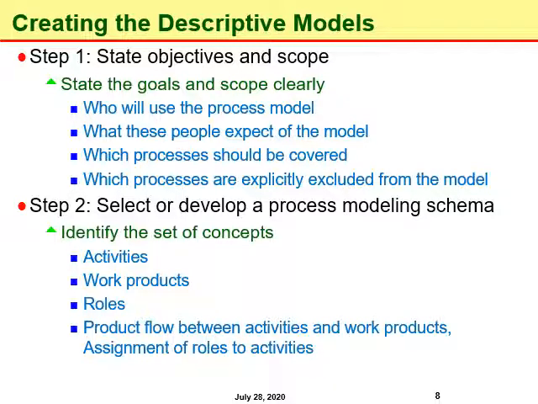So this includes specifying, for example, who will use this process model. Similarly, what these people expect of this model, which processes should be covered and which processes are explicitly excluded from the modeling. With this information as a basis, it is possible to specify the scope more concretely.